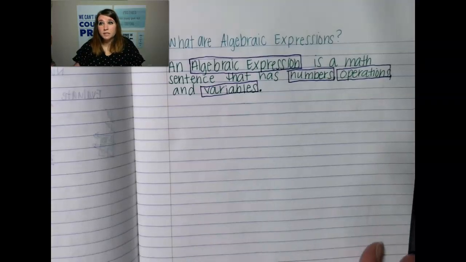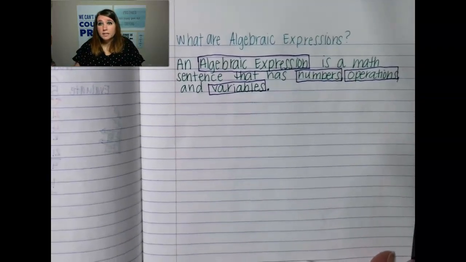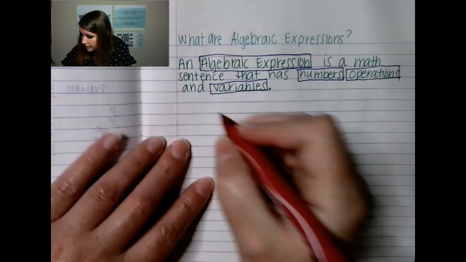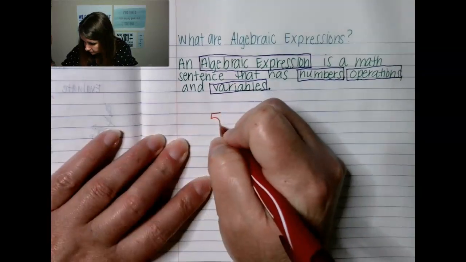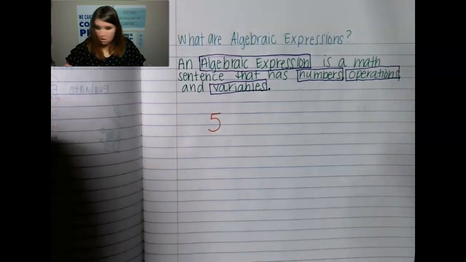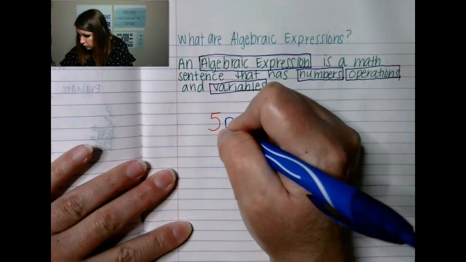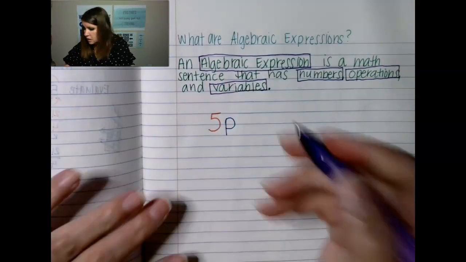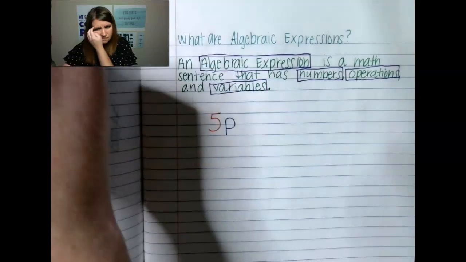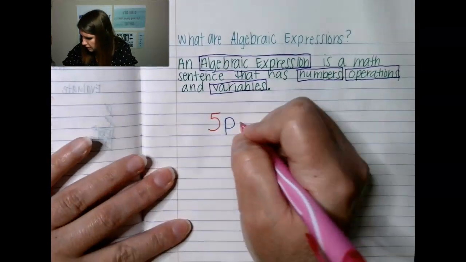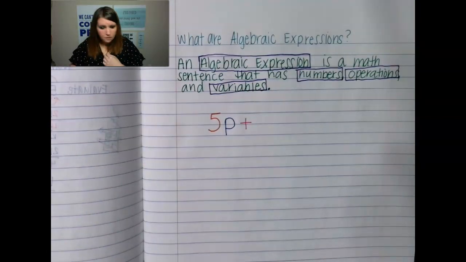So the first thing that we're going to look at is all the different parts. I'm going to use red, blue, pink, and green.